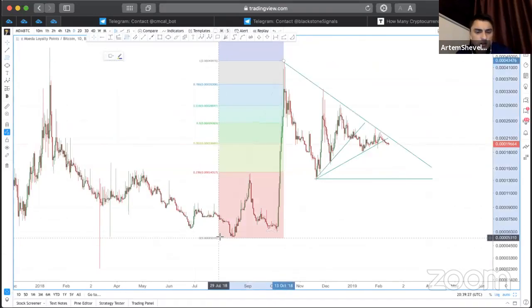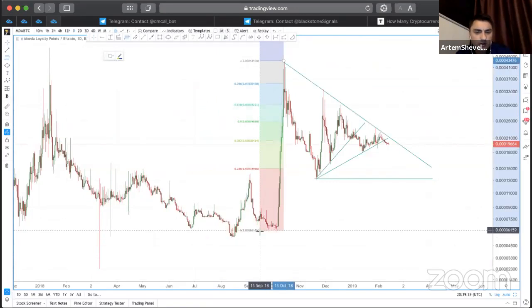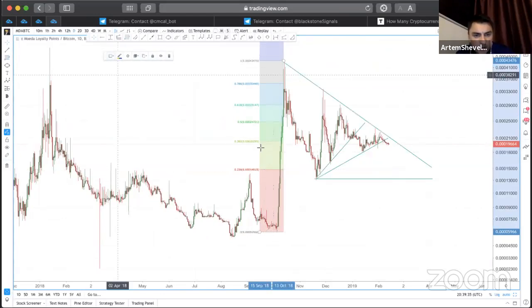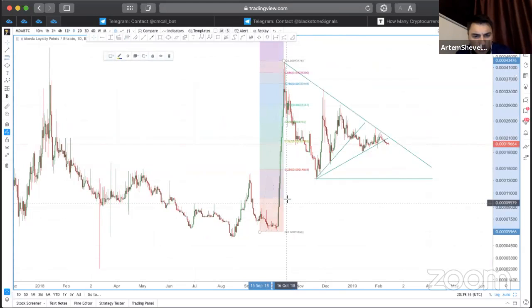Maybe Fibonacci is going to help you, but not. I'm going to use Fibonacci with all Fibonacci levels. Here is another level.